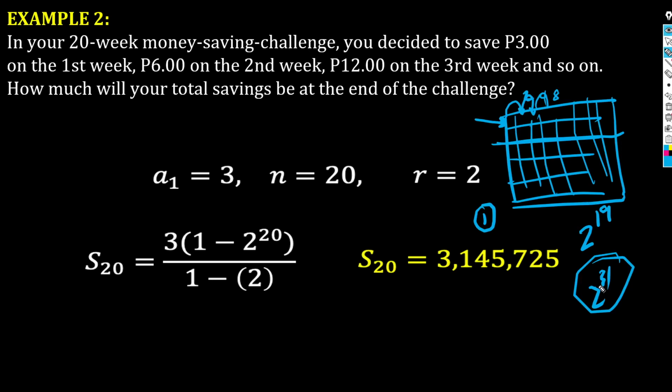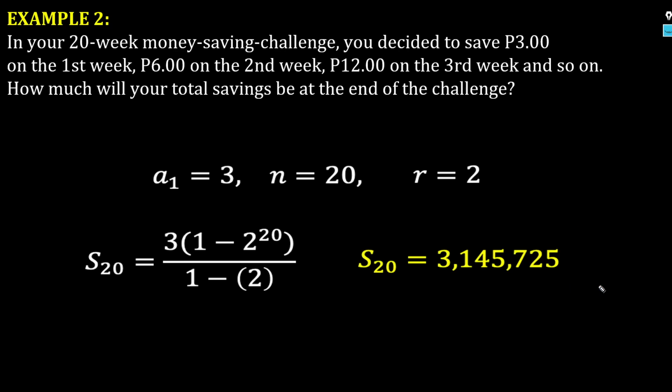Kaya nga ito yung underestimation ng exponents is unwarranted because they grow. Kaya nga yung term na growing exponentially. Okay? So, milyonaryo ka na at the end of 20 weeks kung magsasave ka lang ng twice as much as you did in the previous week.